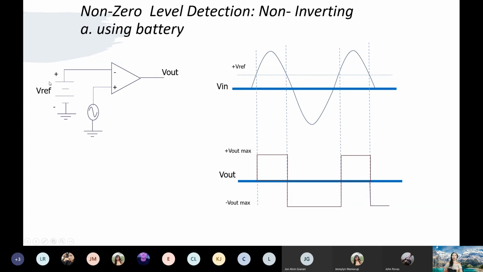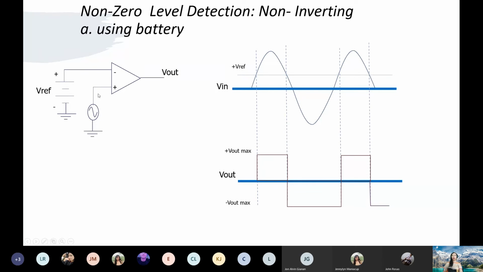As you can see here, we have a positive reference voltage, so that means our reference is above zero level, let's say somewhere here. With positive Vref, whenever your input voltage crosses the reference voltage, that's when there will be changes in output voltage.